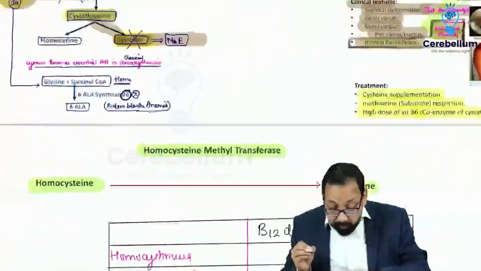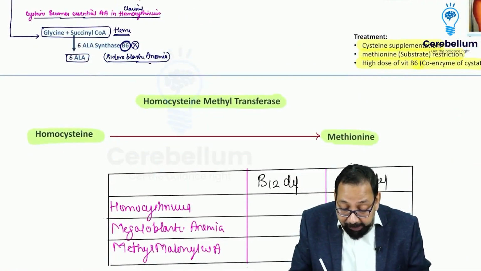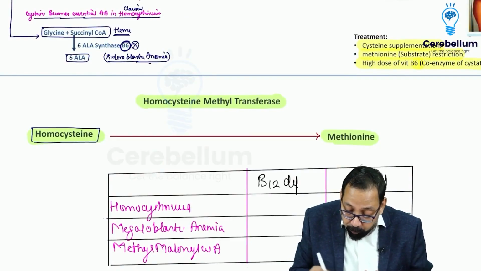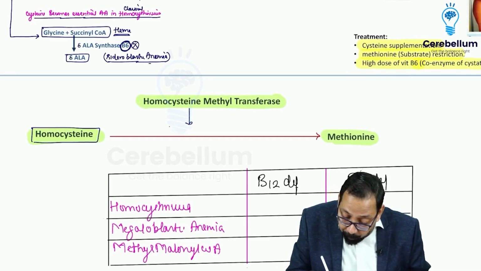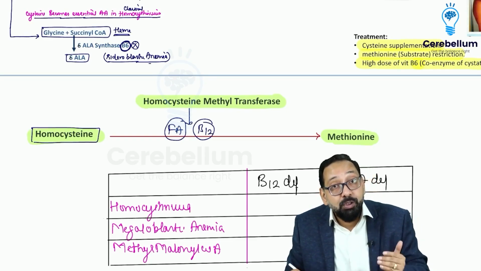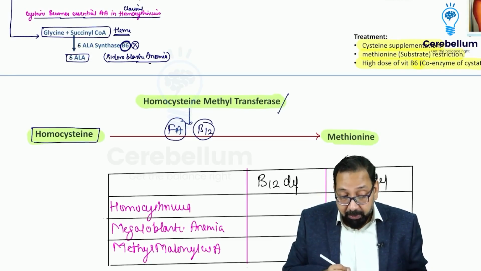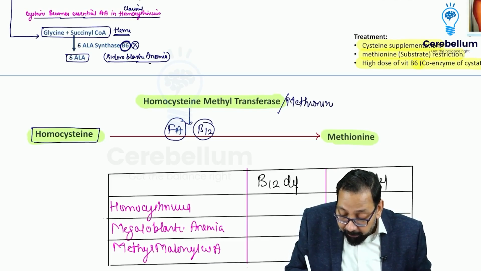So homocysteine methyltransferase will transfer a methyl group to homocysteine, and homocysteine will be converted to methionine in our body. This requires folic acid and B12 as cofactors, or you can say folic acid is the methyl group donor in this reaction. Another name for this same enzyme is methionine synthase.